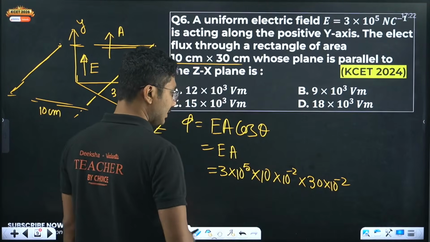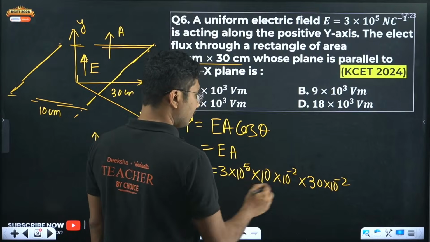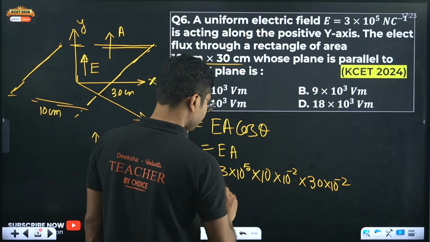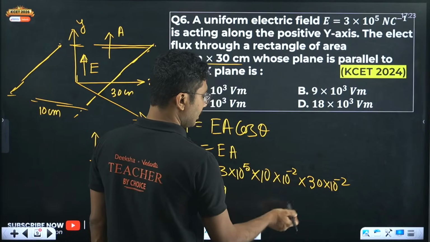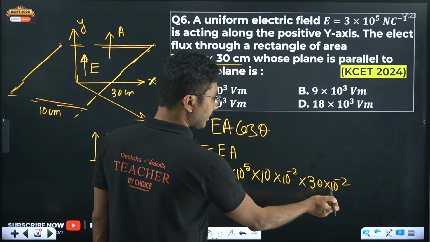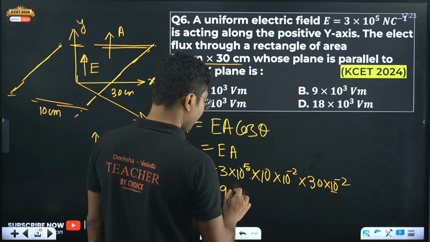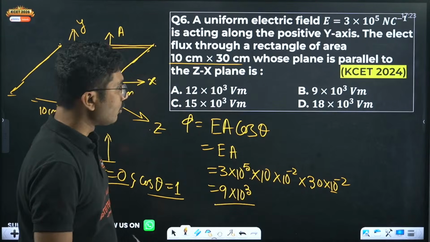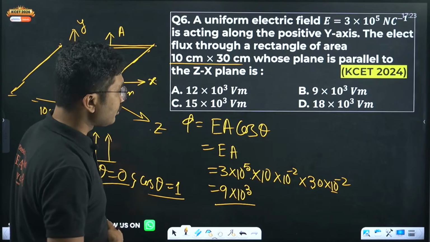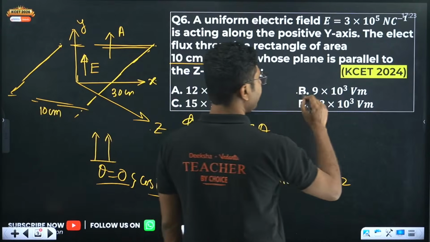So 3 times 3 is 9, and the zeros are gone. Now 10 to the power of minus 2, 10 to the power of minus 2, 10 to the power of 5. So 9 into 10 to the power of 3 voltmeter is the answer.